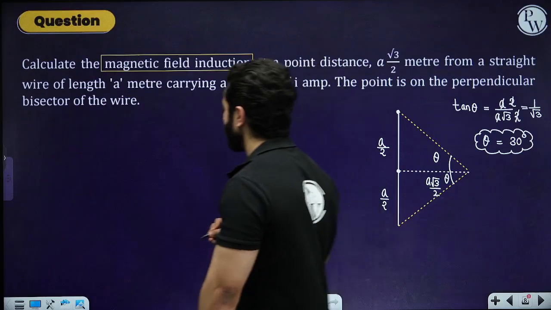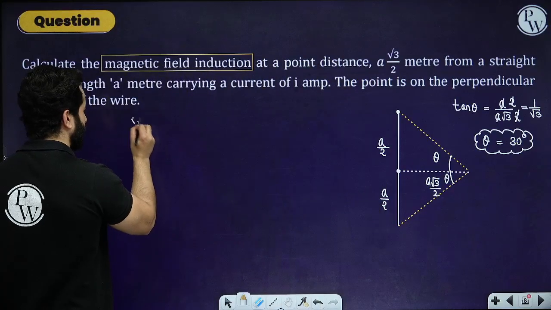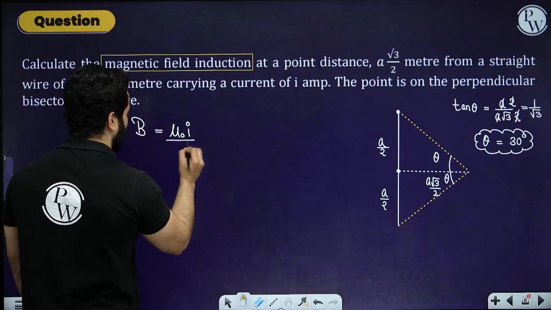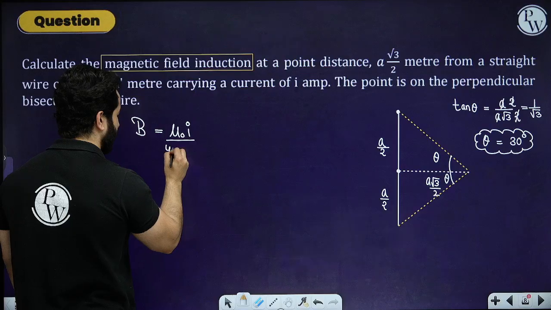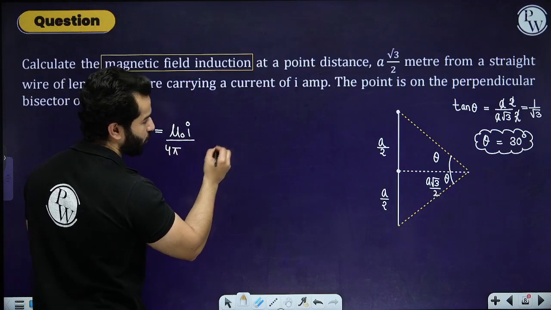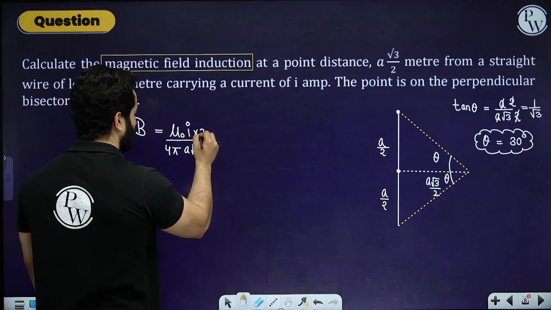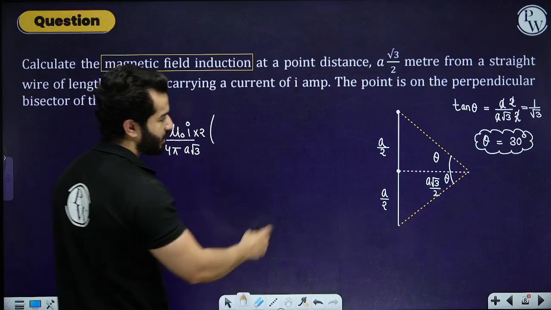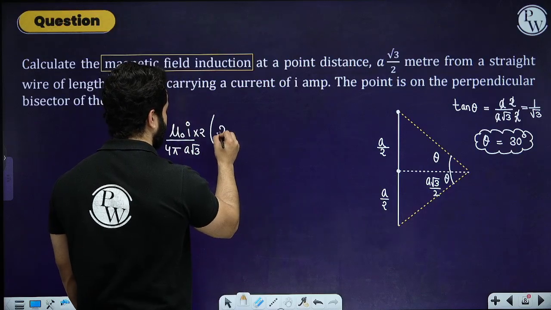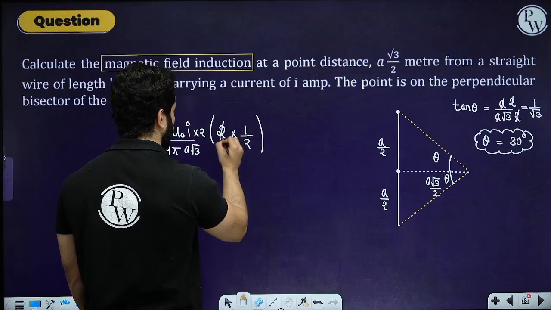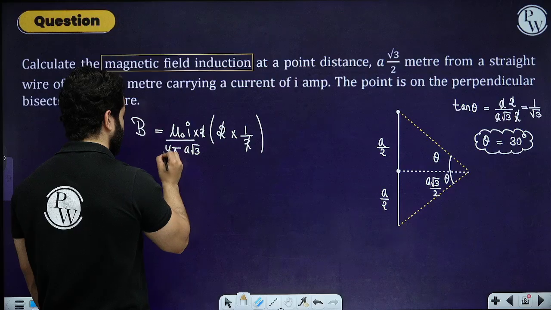So 30 degrees. So basically magnetic field comes out to be mu naught I upon 4 pi d. Instead of d, I am going to write a root 3 by 2 into sine 30 plus sine 30. So it is going to be 2 times of sine 30, that is 2 times of 1 by 2. This cancels out this.